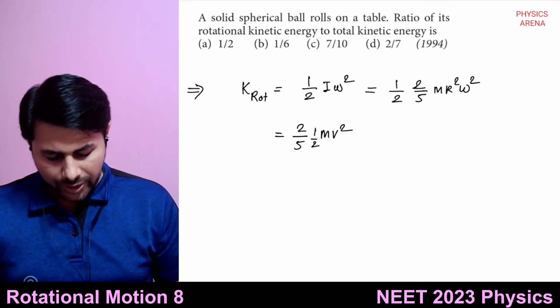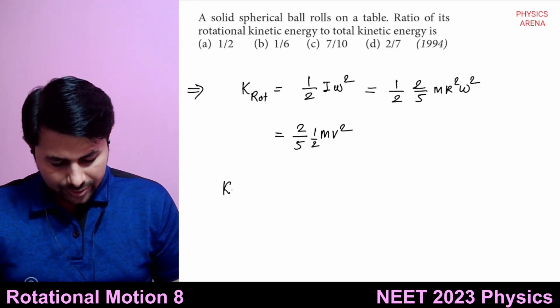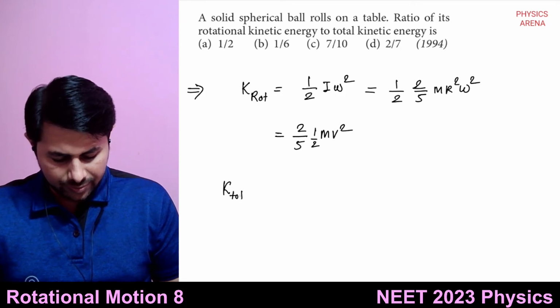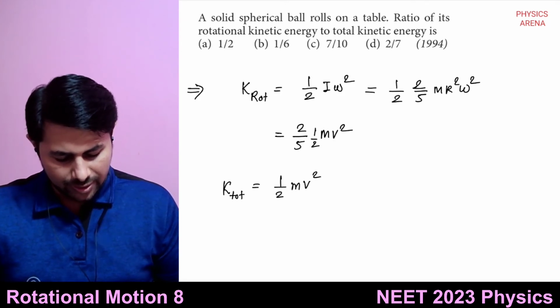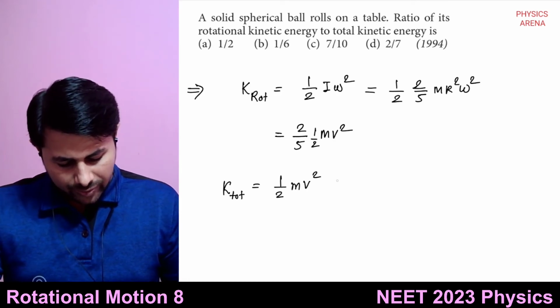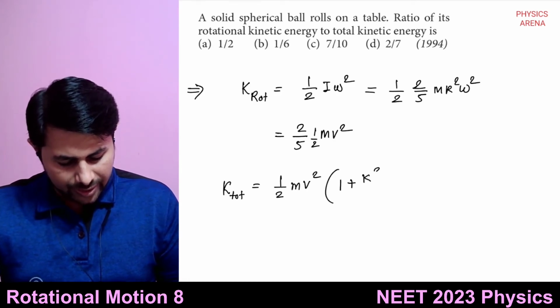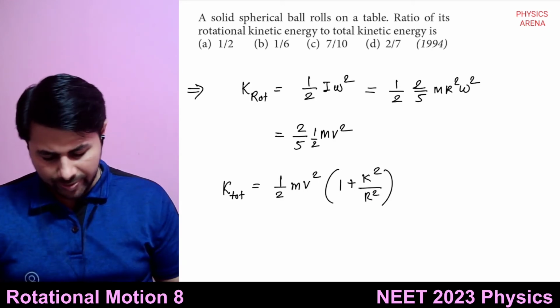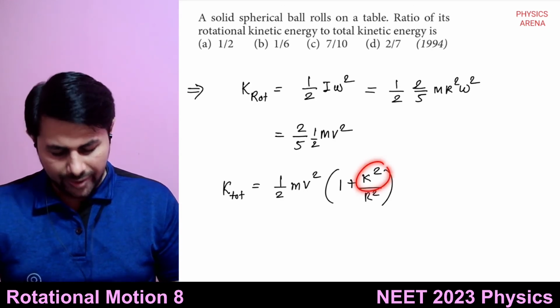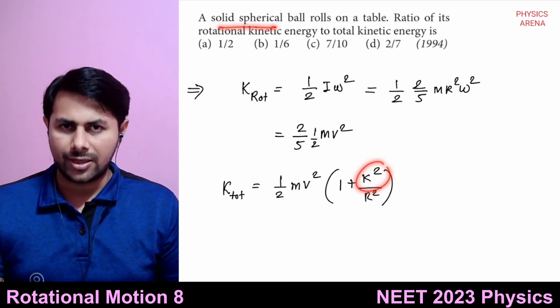And what is total kinetic energy? Total kinetic energy is half of mv square multiplied by 1 plus k square by r square. So how much is k for a solid spherical ball?